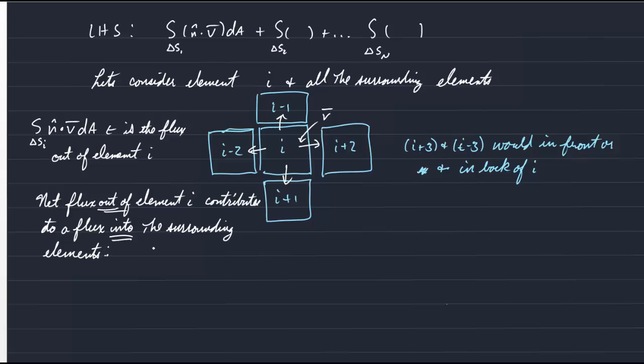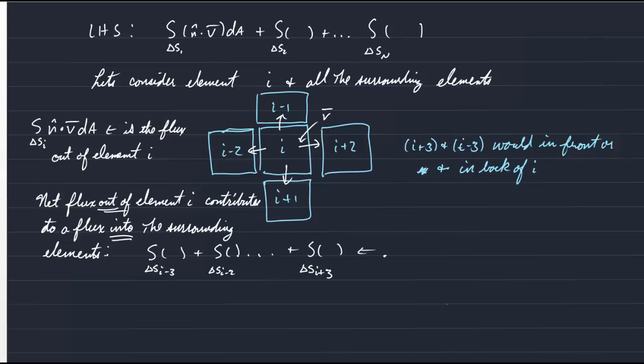That is the sum of the flux through delta S I minus 3, plus delta S I minus 2, all the way out to delta S I plus 3.